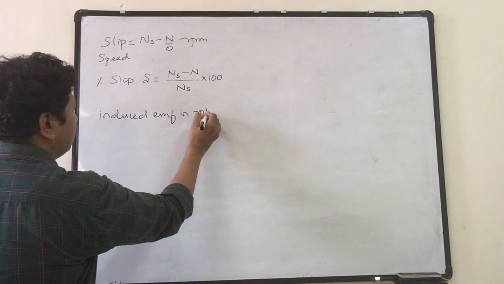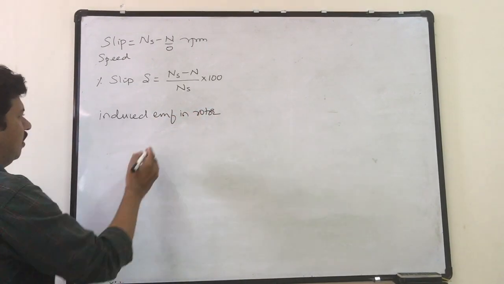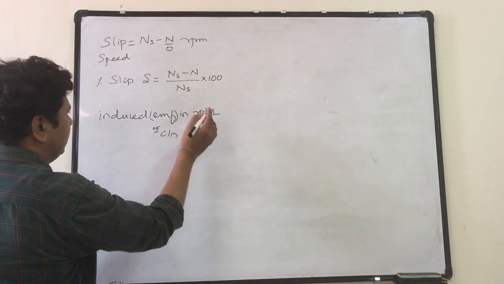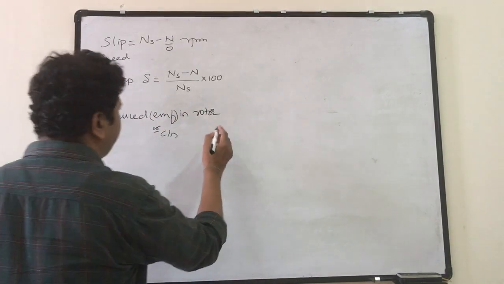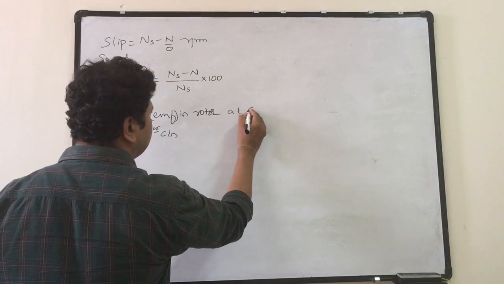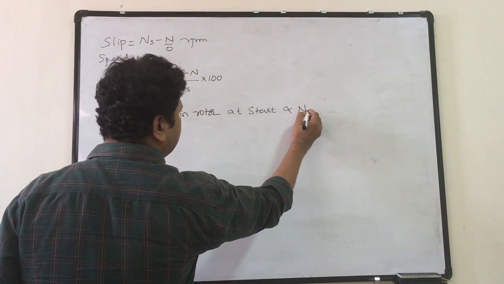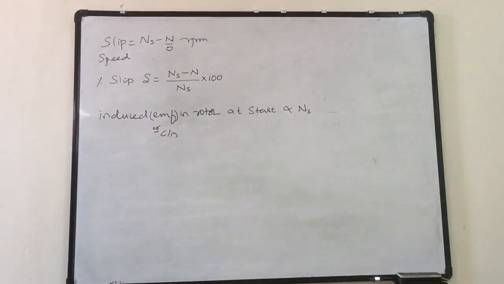Now at the standstill or at the start, as the speed is 0, my induced EMF or current in rotor, I can take induced EMF or current, induced EMF or current in rotor at start is proportional to ns.